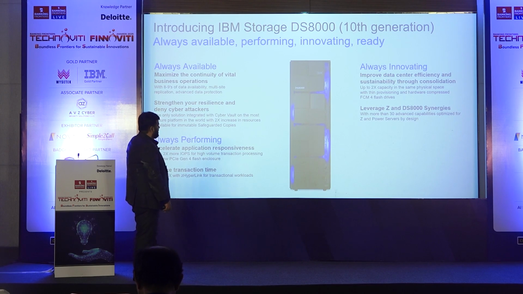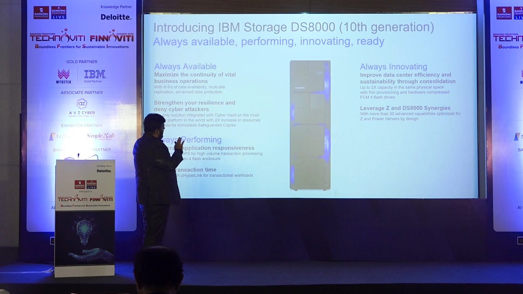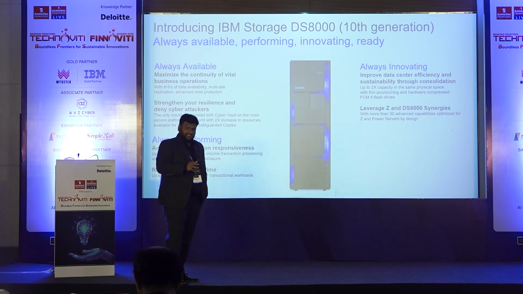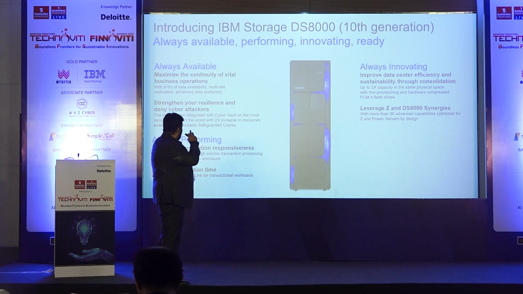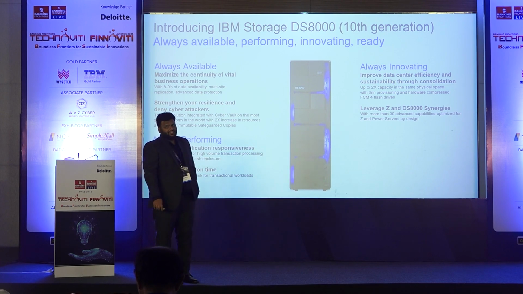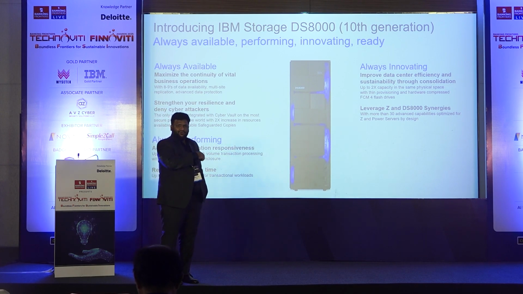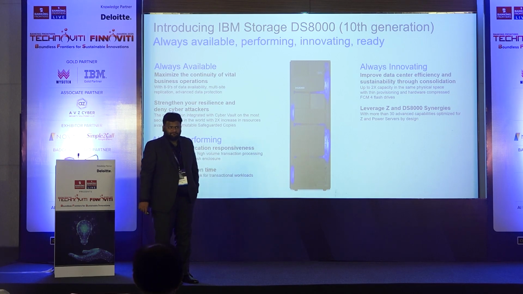What it does is it offers you unbelievable growth, because in a 42U rack you will get nearly 27 petabyte of storage. It comes with FCM, and it offers class-leading nearly 8 nines of uptime, right? Just in interest of time, I'm not going to go into details of it, but this is something that is very close to my heart.